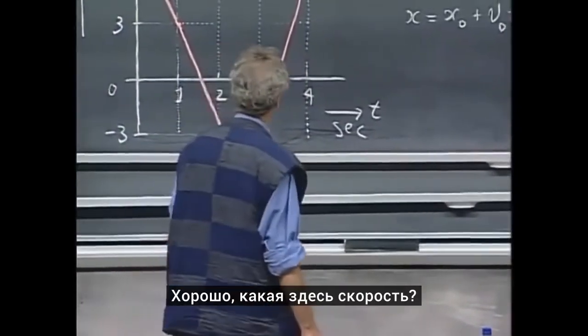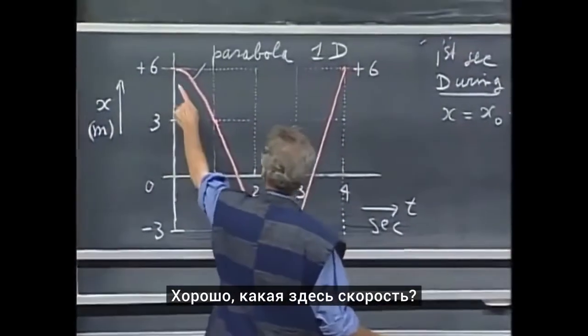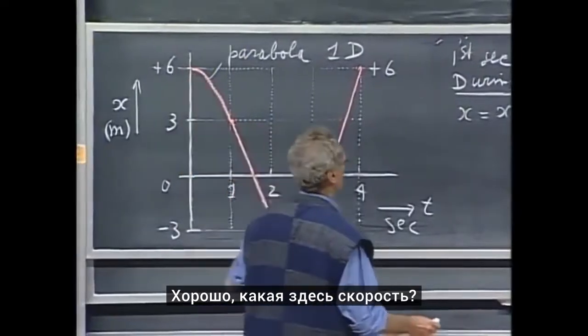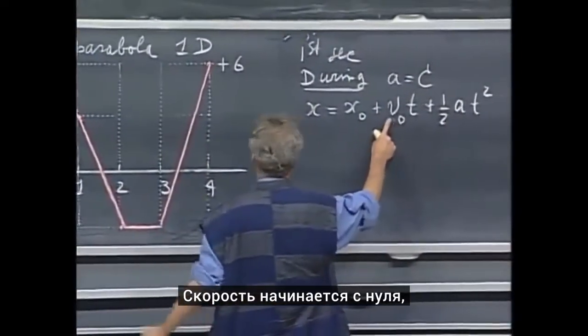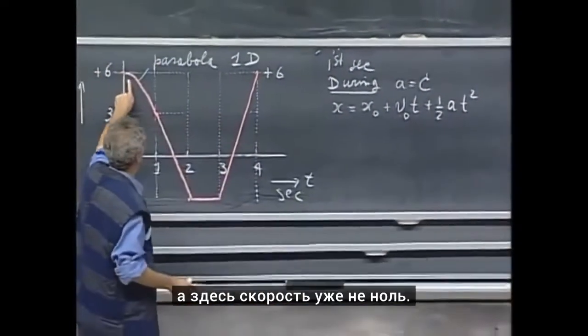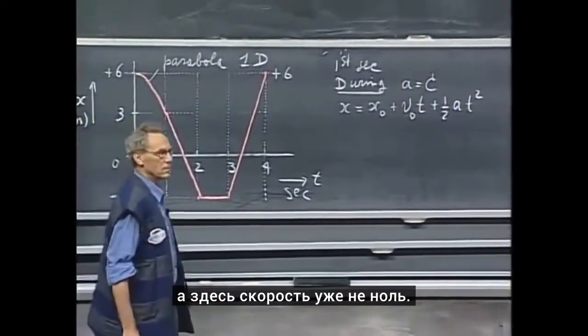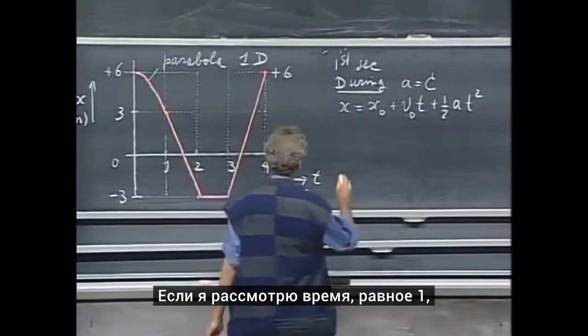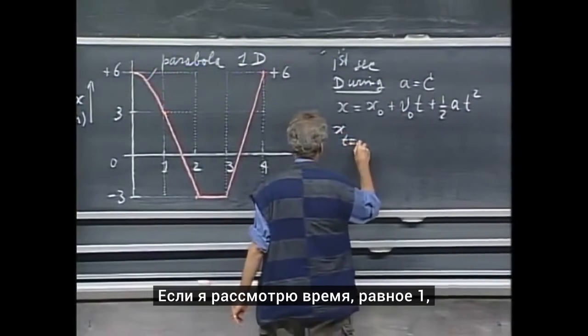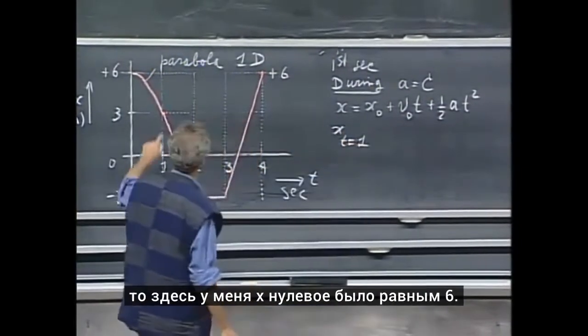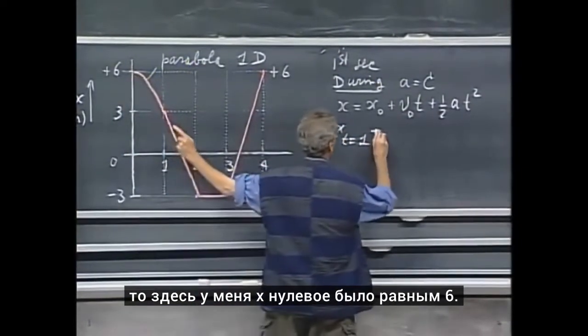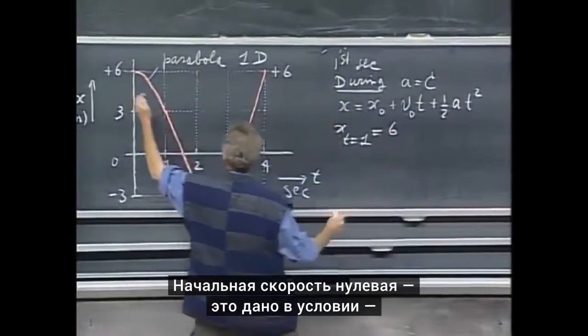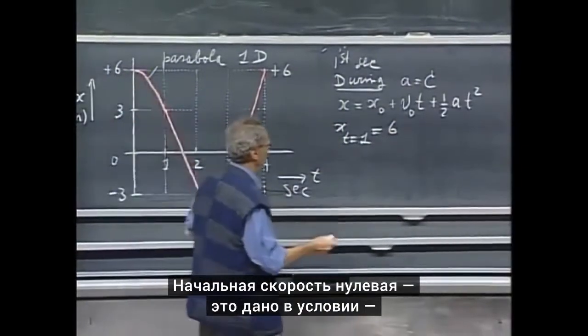All right, what is the velocity here? The velocity starts out to be 0, and the velocity here is not 0 anymore. If I look at time t equals 1, then I have here x0 was 6. It starts out with velocity 0, that's a given.